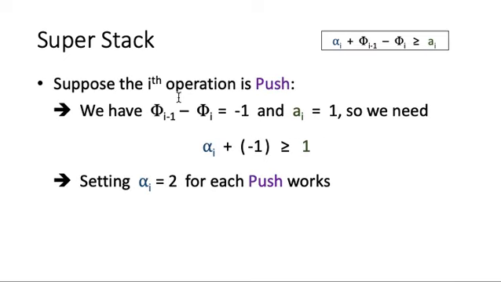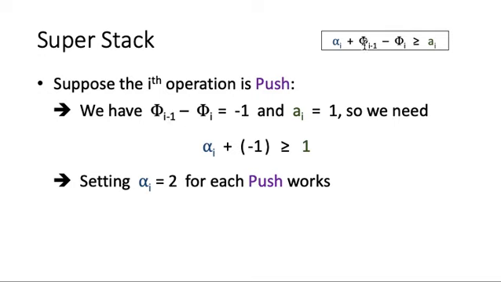Now suppose that the i-th operation is a push. When we push an item into the stack, the number of items before and after will have a difference of -1, because the number of items after will be 1 greater than what the stack had before. So phi of i minus 1 minus phi of i is equal to -1.